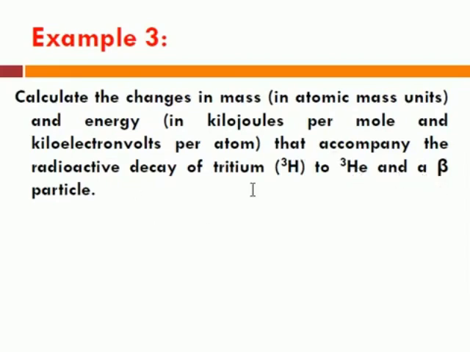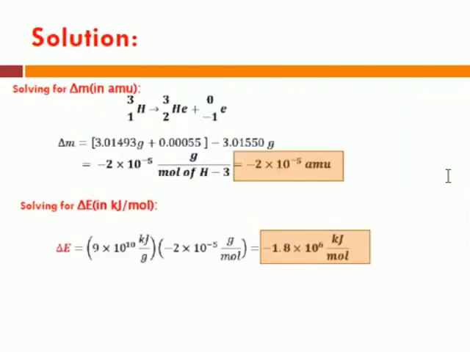So, for the radioactive decay of tritium, on the product side we have helium-3 and then a beta particle. So, the equation will be this one.